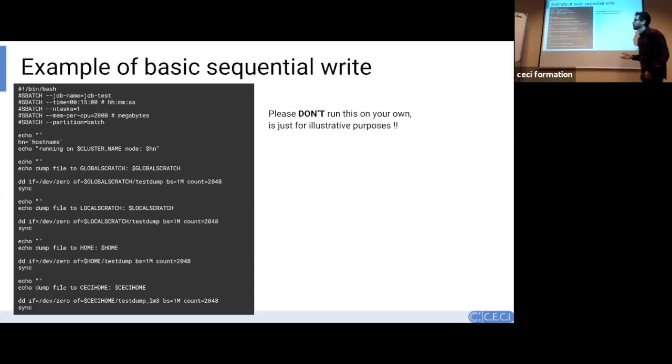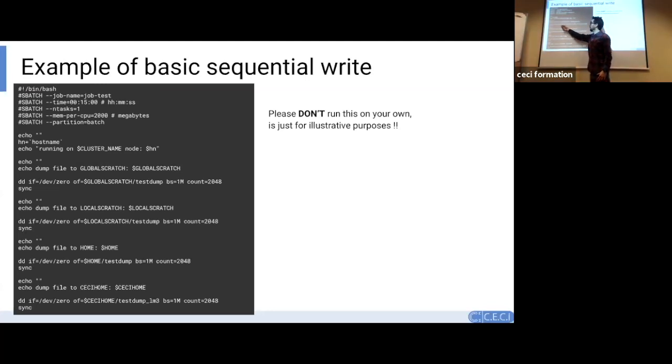So I do the same sequential dd command of a 2 GB file. It will be a big file full of zeros, but with the dd command I can provide in the of= argument the path where I want to write the output.